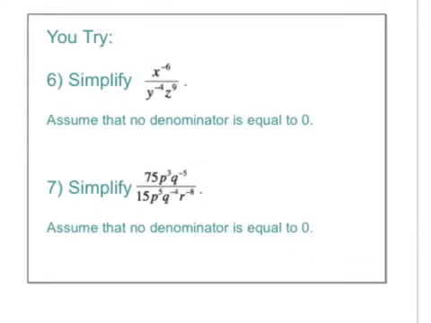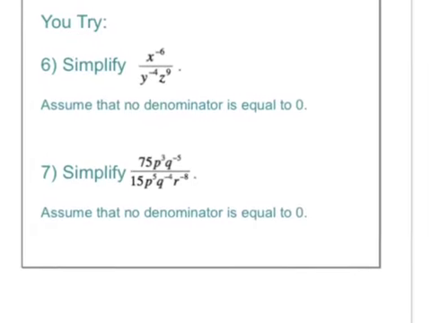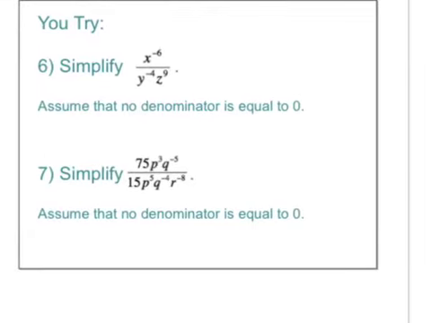Alright, last few examples. Try these, and then we'll go back and look at these. So this first one, we're just rearranging some of our variables. So the x to the negative 6 and the y to the negative 4 get flopped. So you're going to have y to the 4th power all over x to the 6th, y to the 9th.